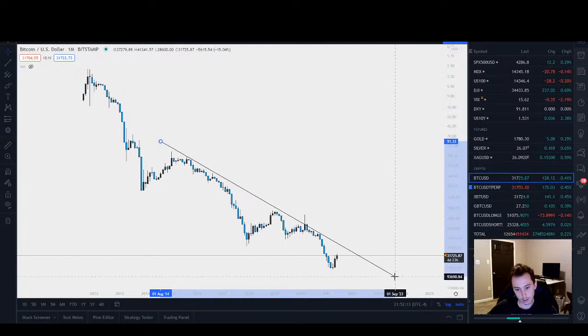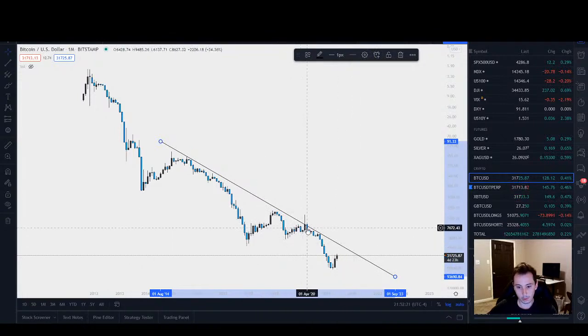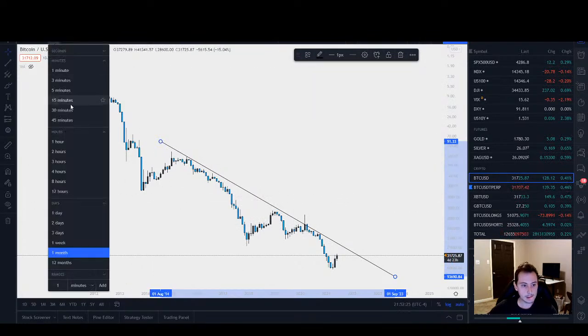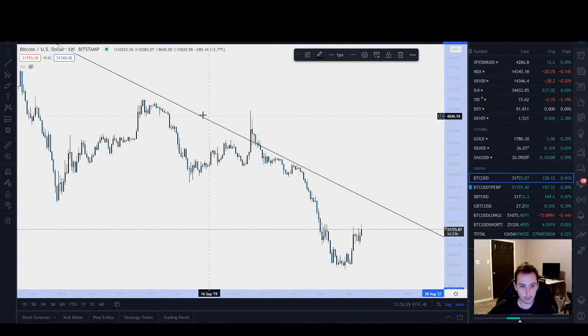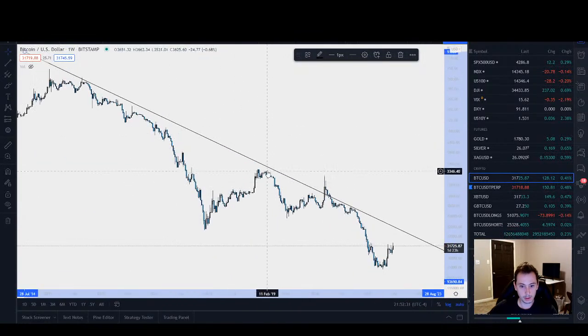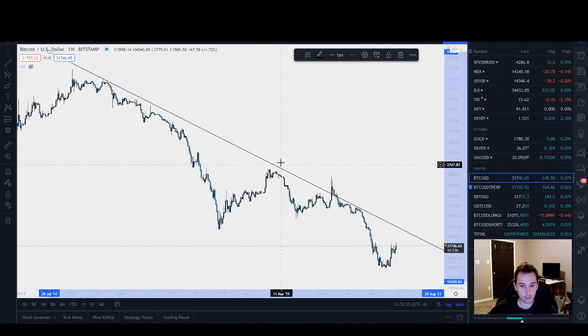I think that this is what we're looking at. I don't think that this completely came in to touch it. We definitely broke below it in March, or above it in March. Let's go back to the weekly. Yeah, broke below it in March. Don't think we touched this area, this trend line. I think we touched a parallel version of this trend line.